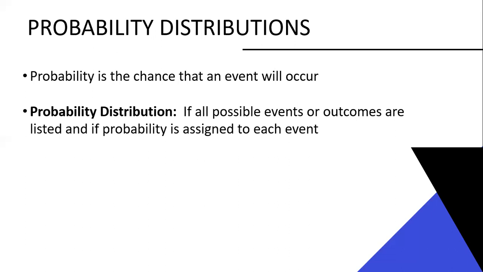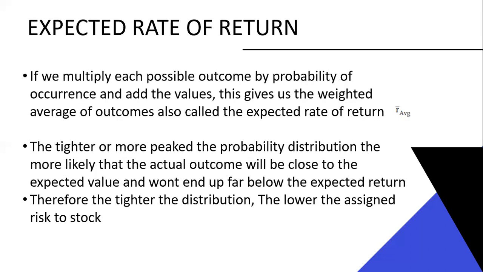So if somebody asks, what's the probability of heads occurring? It is the chance that if you flip the coin, heads is going to come, which is 50%. Now, if we map out all the possible events or outcomes and we list them and assign a probability to every single event, then we will have a probability distribution. So again, a probability distribution is when you list all the possible events or outcomes and assign a probability to each of the outcomes.